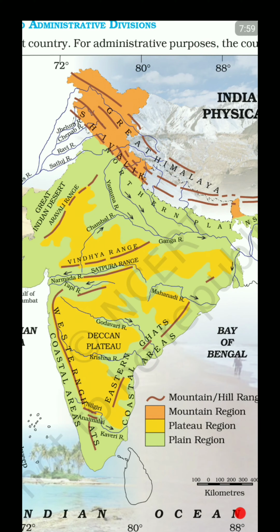The eastern coastal plains have big rivers like Godavari, Krishna, Kaveri. Since they are very long rivers, they erode the surface for a very long time, and hence a large amount of alluvium is deposited, and we have the eastern coastal plains definitely larger than the western coastal plains, right?